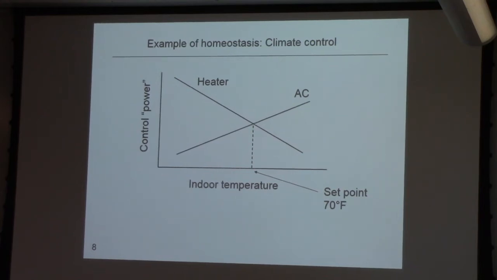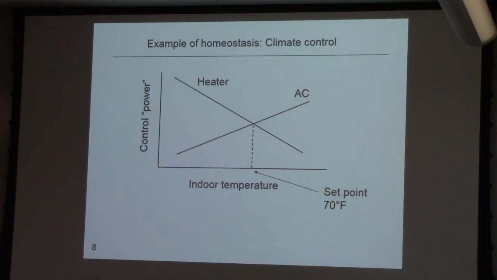And say it overshot, because the thermostat's not very good, and so the heater is cranked up, the air conditioner is turned off, and the temperature rose above the set point. Well, then the thermostat would realize, oh, I need to turn off power to the heater and turn on power to the air conditioner, which would tend to bring down the temperature.